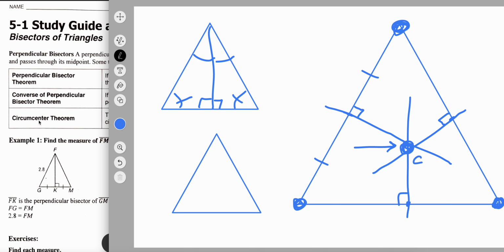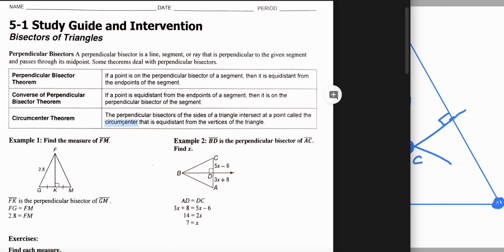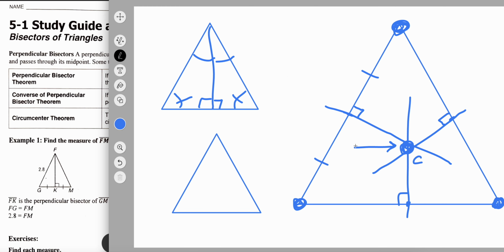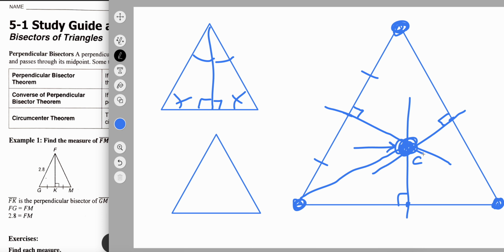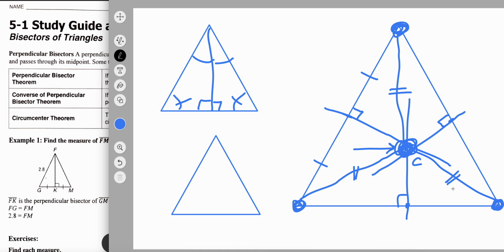The circumcenter theorem tells us that the circumcenter is of equal distance from the three vertices of the triangle. So this point C here, the circumcenter, is equidistant to this vertex and also that vertex. So all of those lines are congruent.